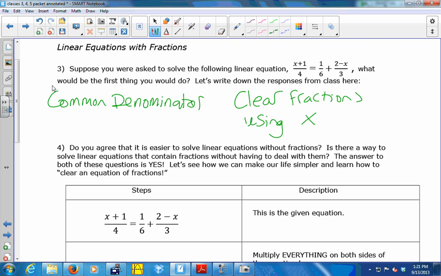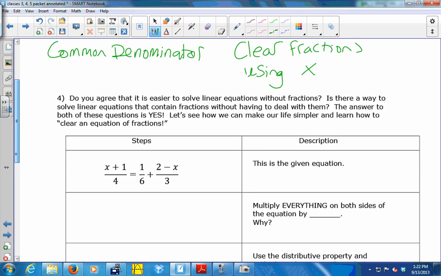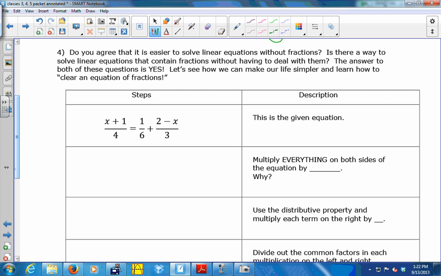Using multiplication. Okay, good. So would you agree in general that it's easier to solve linear equations if they don't have fractions in them? Yeah, I much prefer not dealing with fractions.